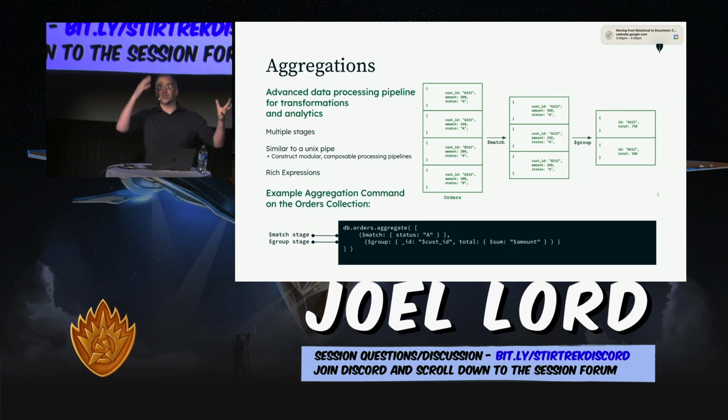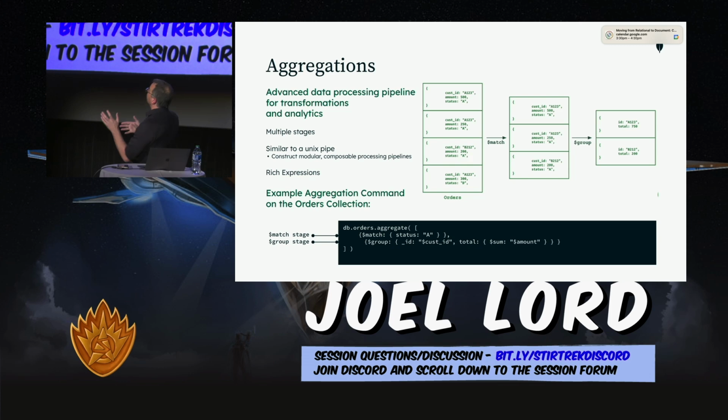The way it works is that you'll have a series of stages, and each stage will pipe the data into the next one. So you can start by doing, in this case, I think it's a match first. So we start by filtering down the data. Everything else is passed to the next stage. We're doing a group operation on that to count the number of records of something, I think. So all of those stages are performed in order, as you can see here.